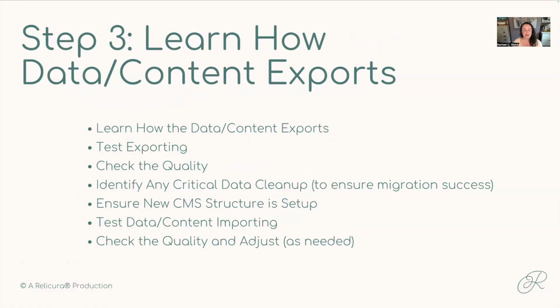So step 3, learn how the data and content exports, and essentially know what format it needs to be in to then be imported into the new system. So know the shape of the data as it comes out of the old system, as well as how the digital files come out and what that looks like and what shape you need to get it in.